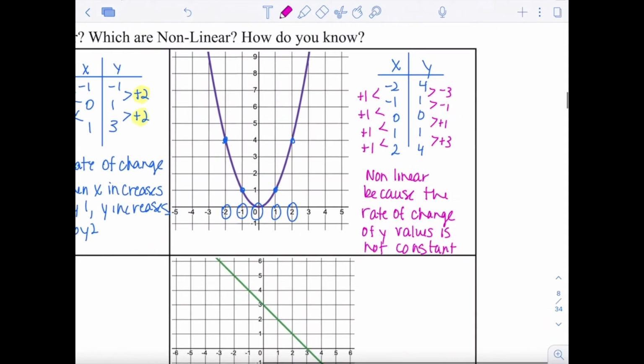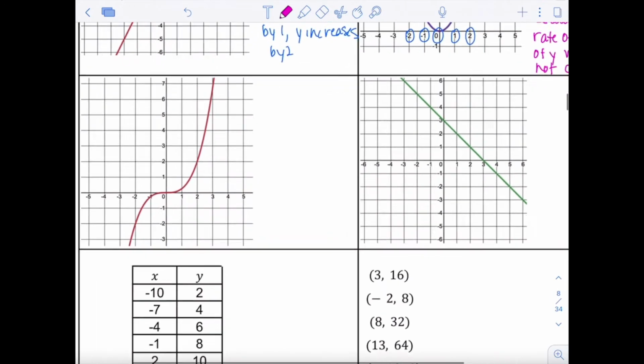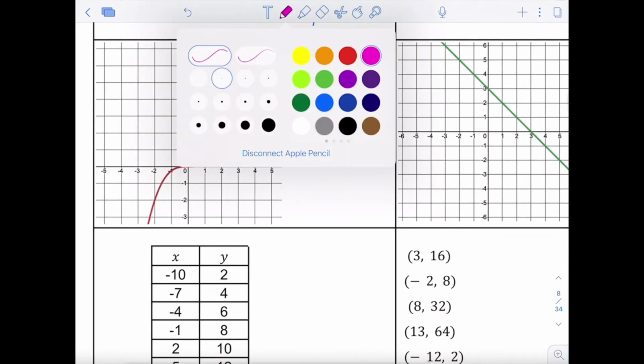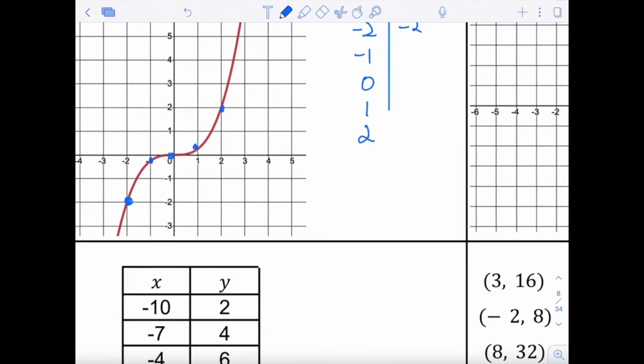So when I don't have a graph now, I should be able to see that as well. Let's do 2 more. So I'm going to pick -2, -1, 0, 1, and 2. Because remember, we said our pattern in Y has to be constant. Now that one looks a little strange.